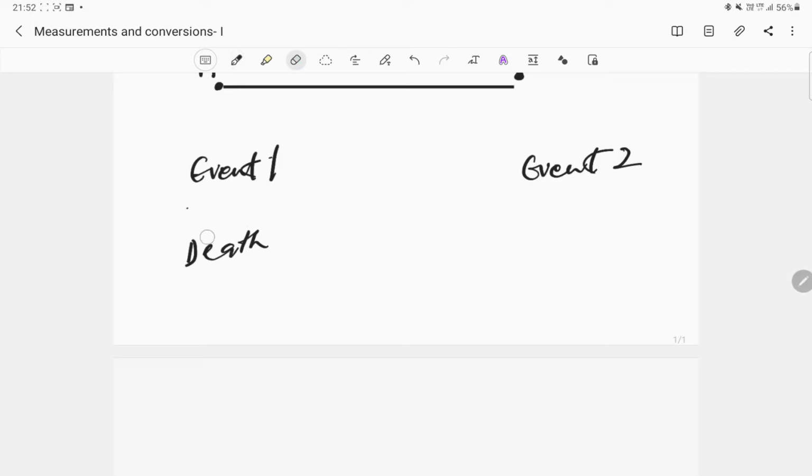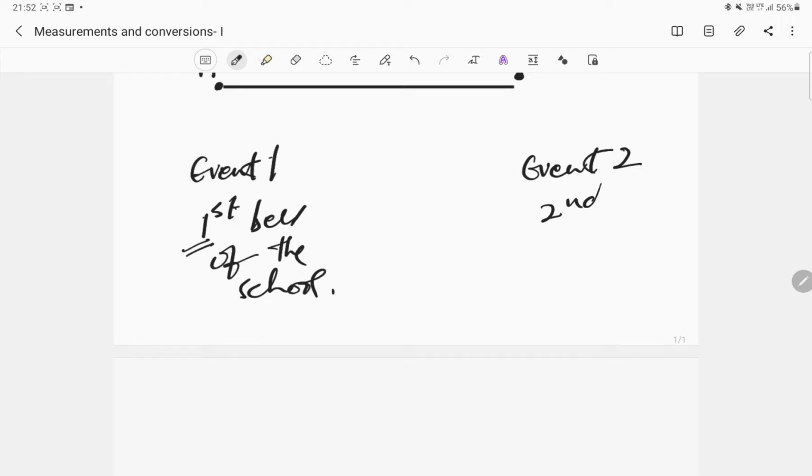Now the distance between two events is called time, and let me just tell you what that is. Let us say the first event is the starting or the first bell of the school, right? So when you reach the school, there's this first bell that you hear, and then after a certain period of time you hear the second bell, which marks the end of the first period.